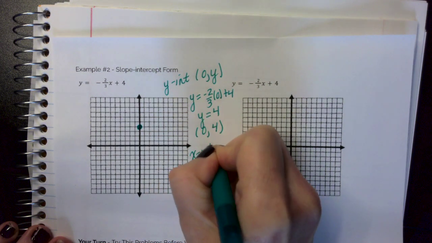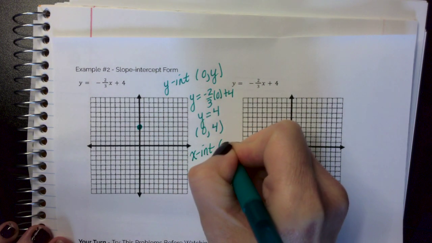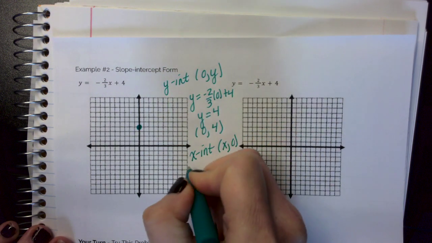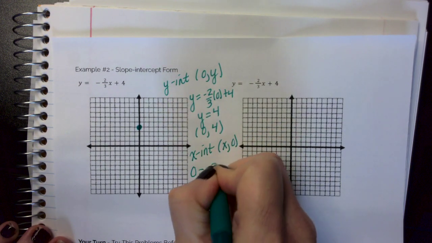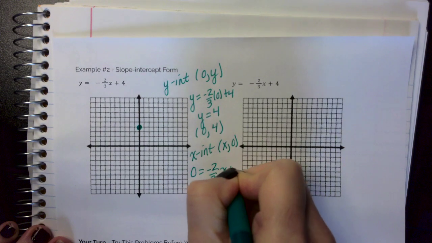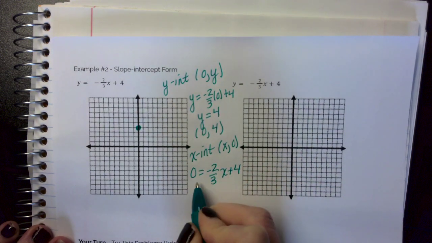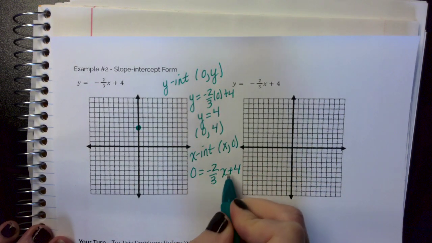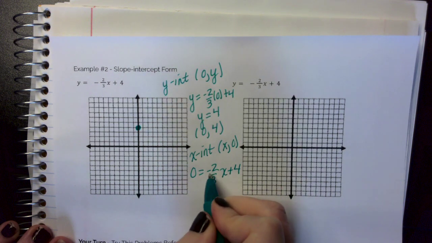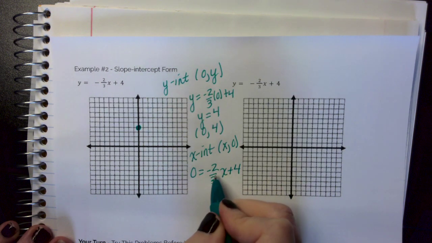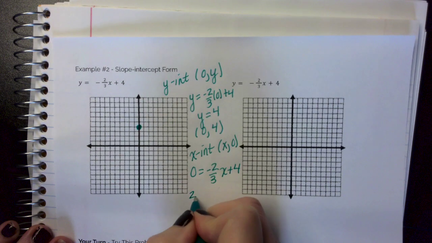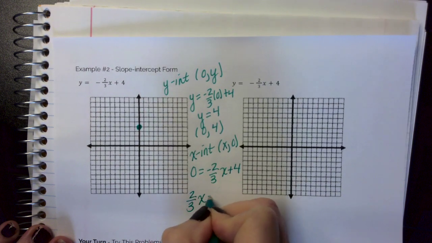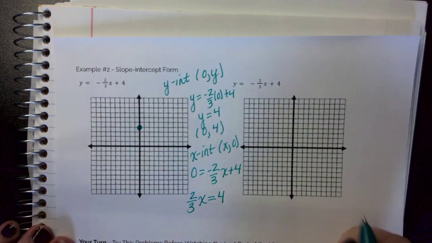I'll do the same thing with the x-intercept. This is going to be (x, 0). So when y is 0, okay, I can't move that equal sign, so I need to move one term over. I prefer not to work with negative numbers, so I'll add 2/3 x to both sides, and I'll get 2/3 x equals 4.